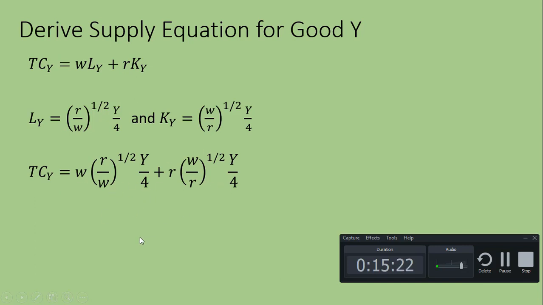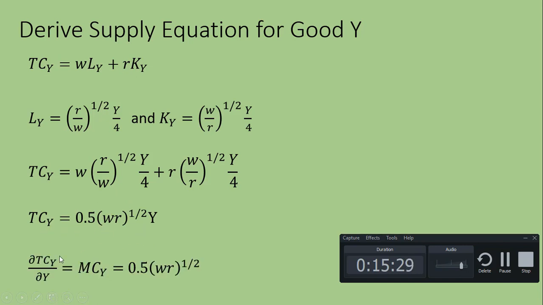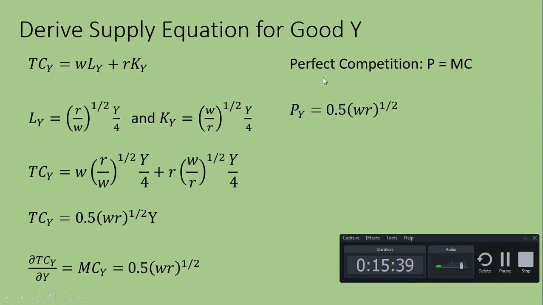We're going to simplify this mess, and we get the total cost of good Y equaling the following. To get marginal cost, we take the partial derivative of total cost with respect to good Y. And then the Y just drops out here. And recognizing once again in perfect competition, price equals marginal cost, we have our supply equation for good Y.